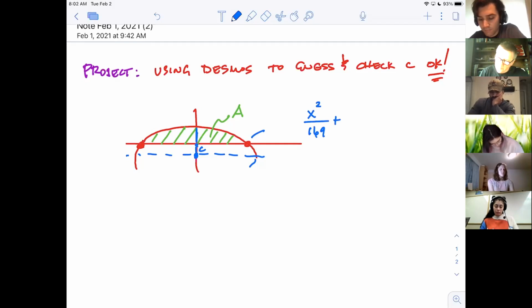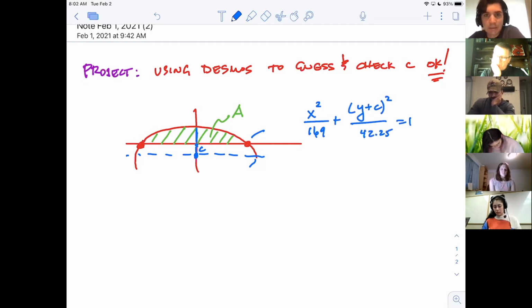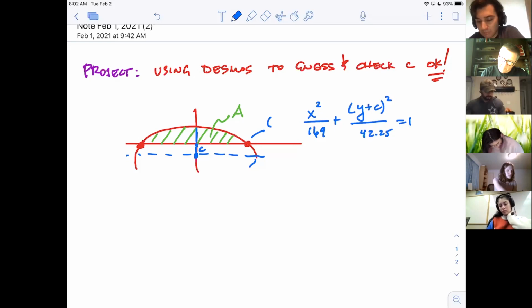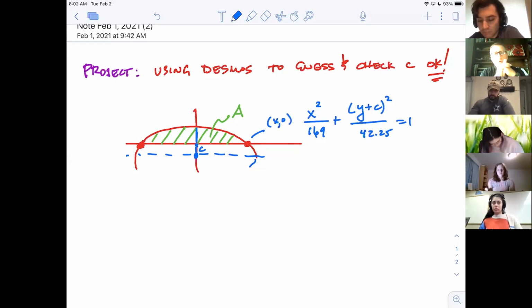And then because we said Y has got to slide some C value, 6.5 squared is 42.25. Since you know that this point is, as we said yesterday, something 0, the Y coordinate is 0, you can actually write an equation for the coordinates of that point based on C.